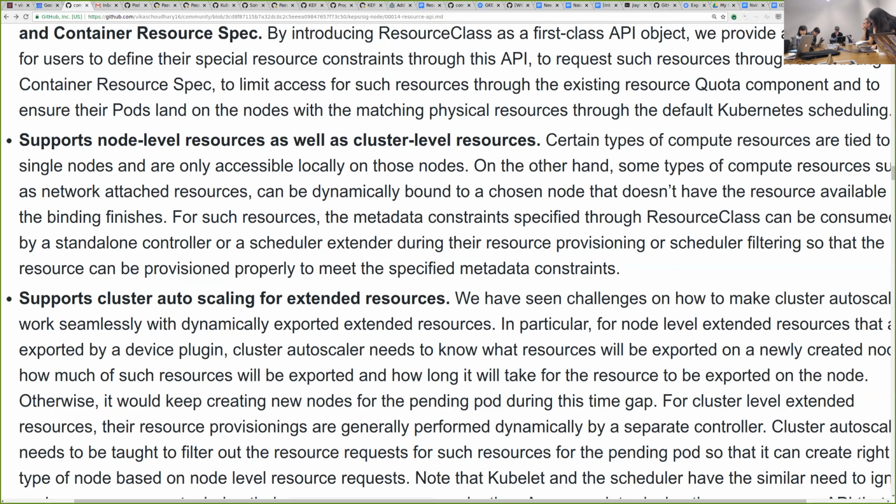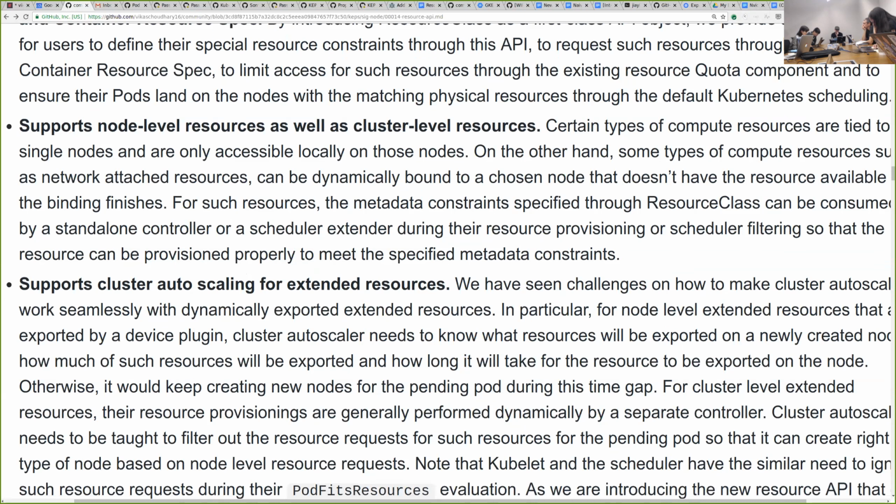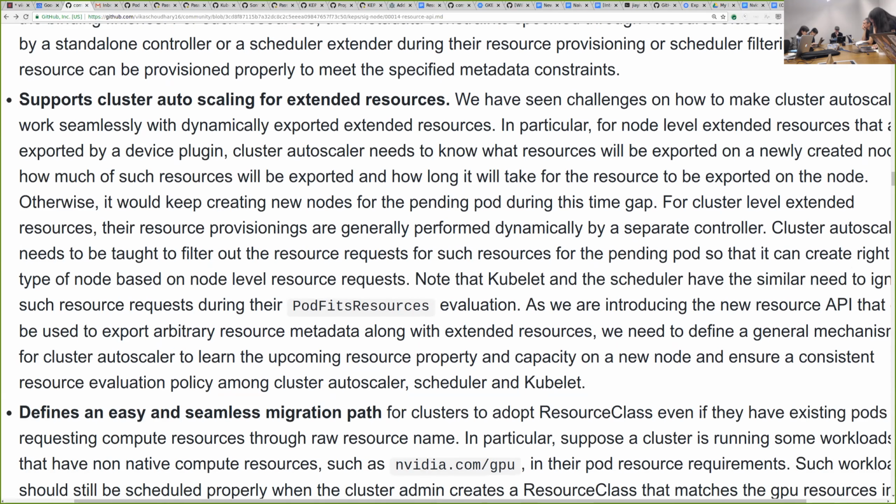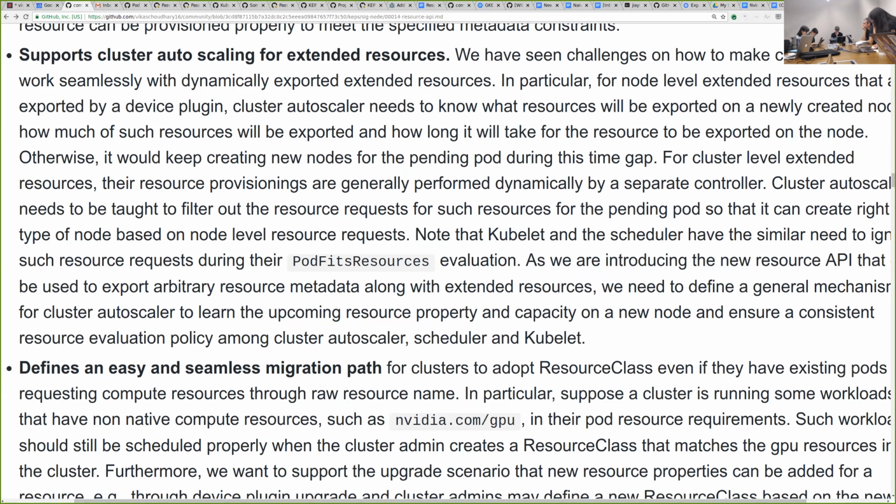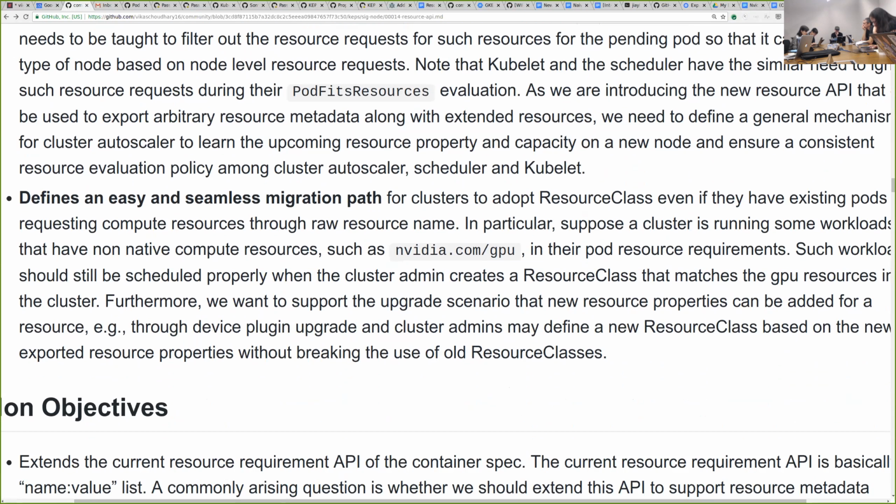Those solutions are not ideal, and we have already seen requests for a longer-term solution. As part of this work, we also want to provide an easy and seamless migration path for the pods that are already using the raw resource name, so they can adopt the resource class API.